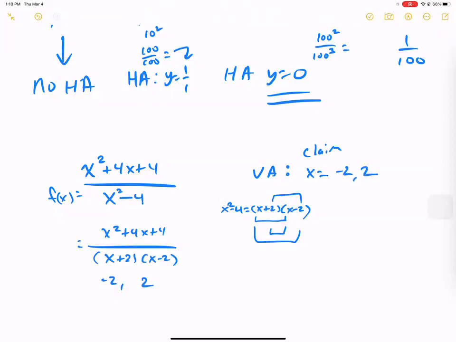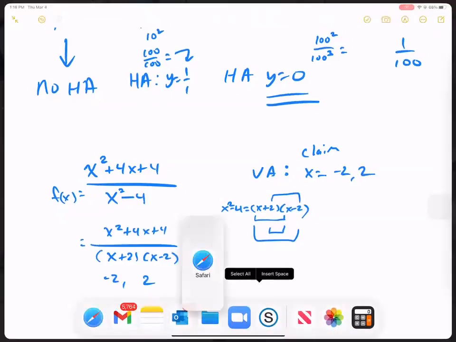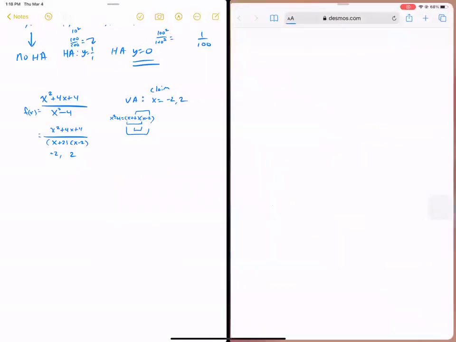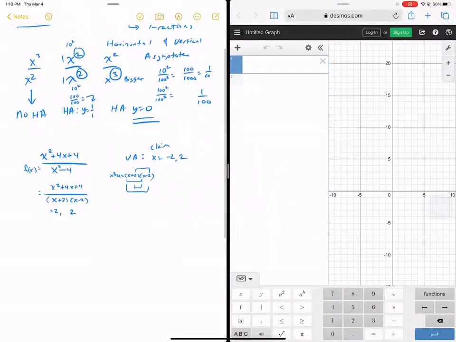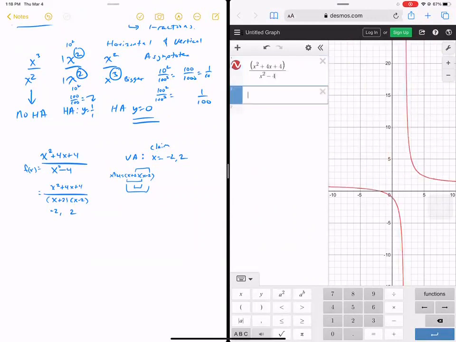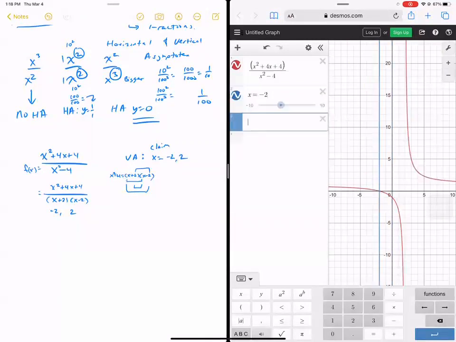That's the claim. But I want to graph this out right now and see, do we really have vertical asymptotes here? So I'm going to write x squared plus 4x plus 4, in parentheses, divided by x squared minus 4. We claim we have vertical asymptotes at x equals negative 2 and x equals positive 2.